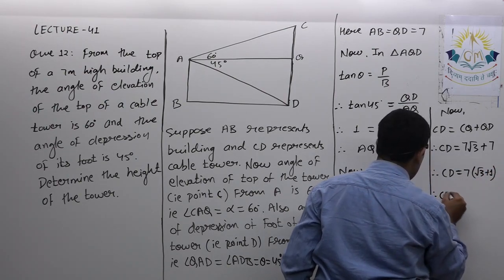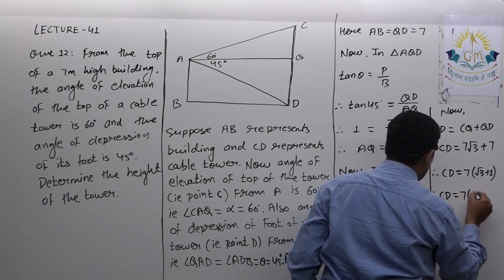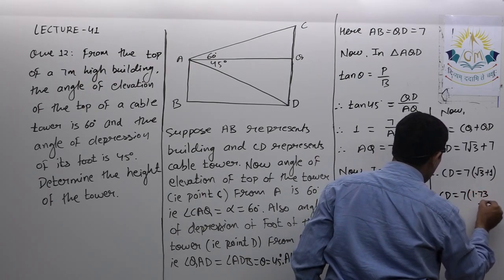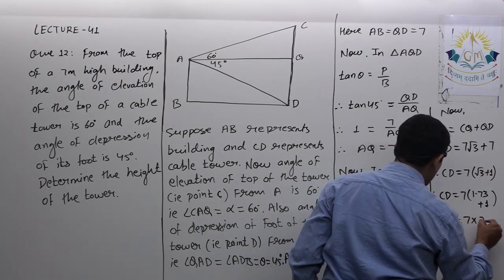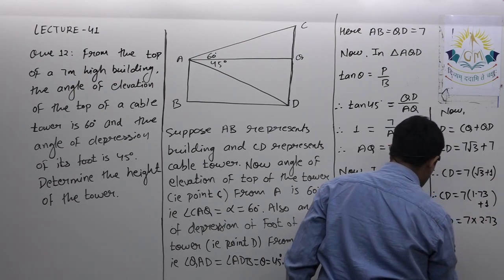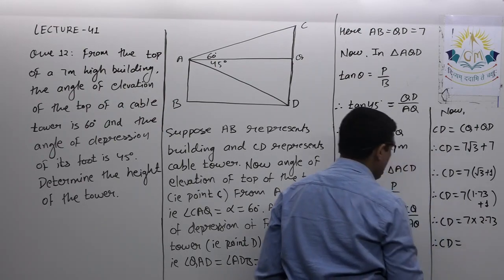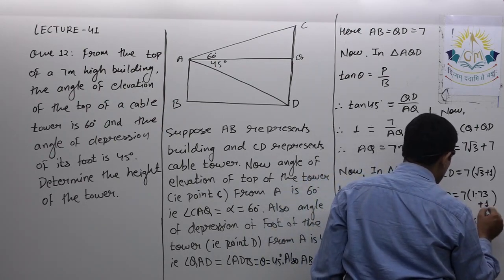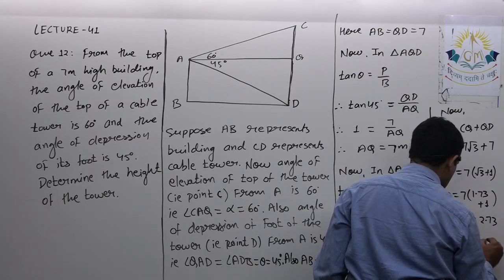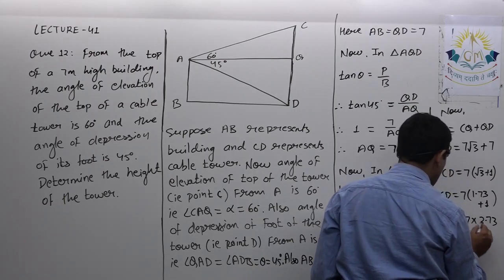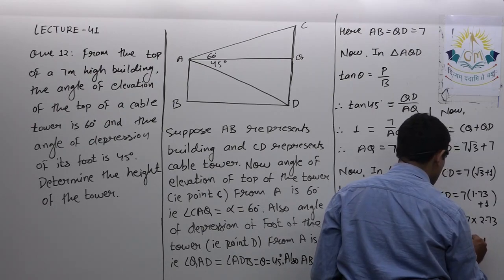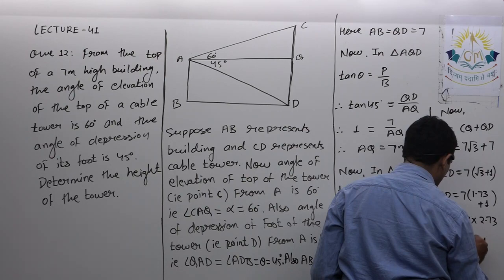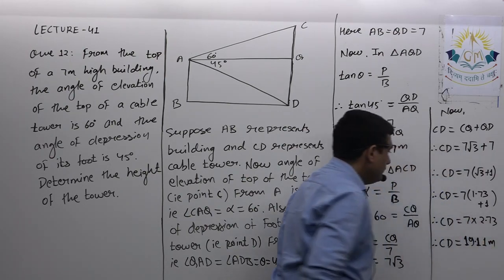Now root 3 is 1.73 plus 1. Therefore I can write CD is equal to 7 multiplied by 2.73. And finally I can write CD is equal to 19.11 meters.